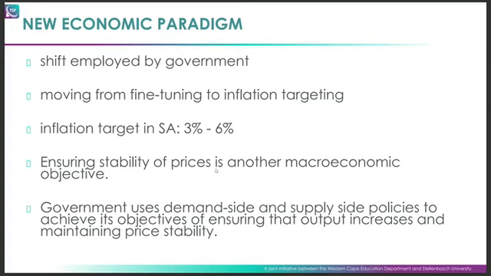So they don't want to see prices increasing drastically, but they want to see demand increasing as well. But at the same time that they're encouraging demand to increase, they're also encouraging supply to increase, because if the two move together, we can then not have the price increases happening. Then we can get to price stability.